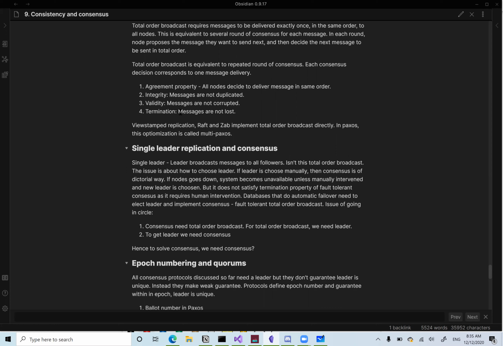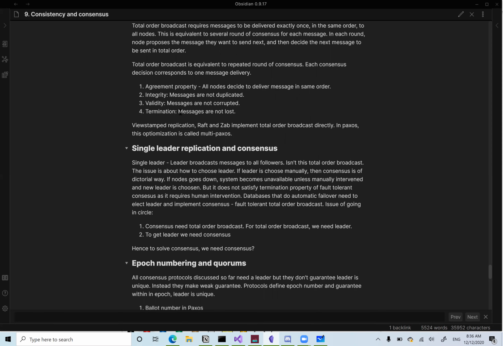But how do we ensure exactly-once delivery? Basically, it might be possible that a leader has sent a message to a follower and the follower has written that message, but the acknowledgement did not get to the leader. So the leader will retry again.